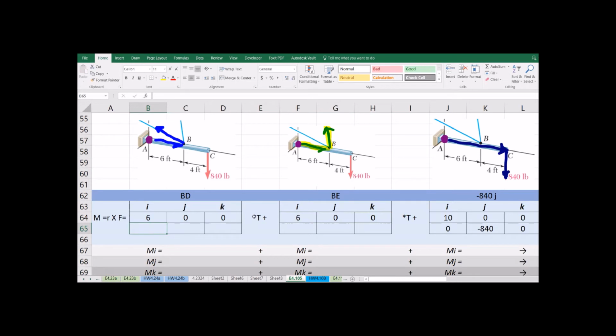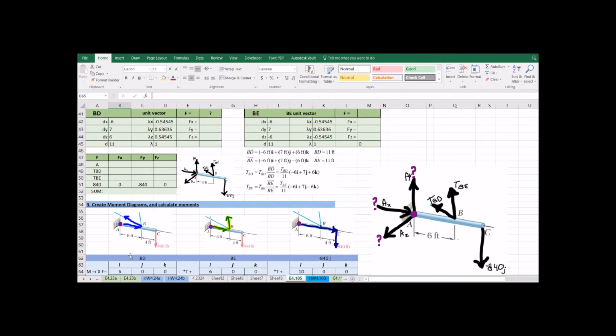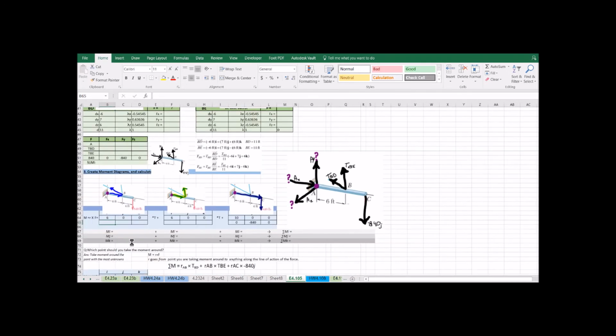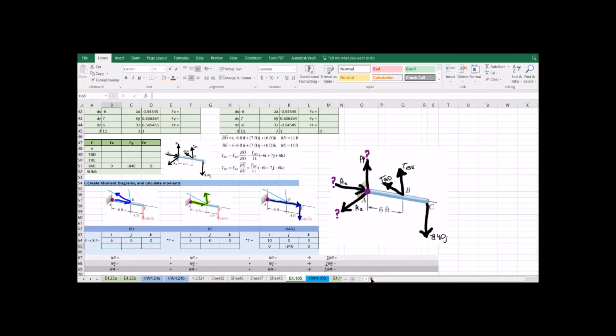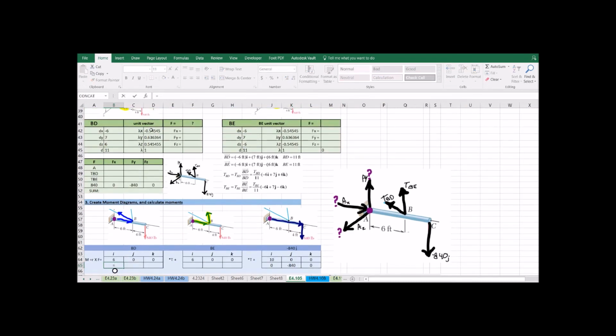So what we can do is pull the tension out of the cross product and just put our unit vectors in here. Okay, so I'm going to grab our unit vectors, and then it's multiplied by tension, x, y, z. So all we have to do is just say equals, here's the x component, there's the y component, there's the k component.